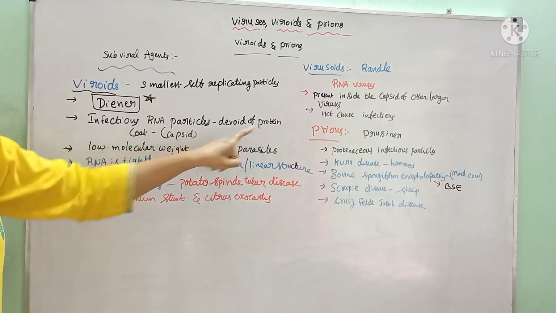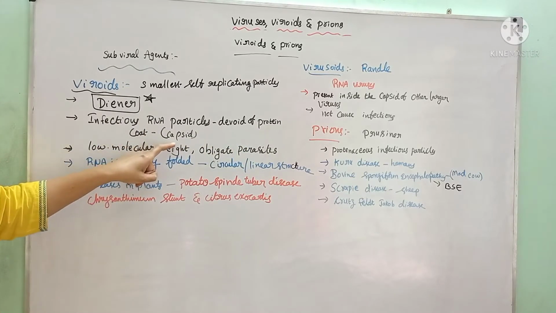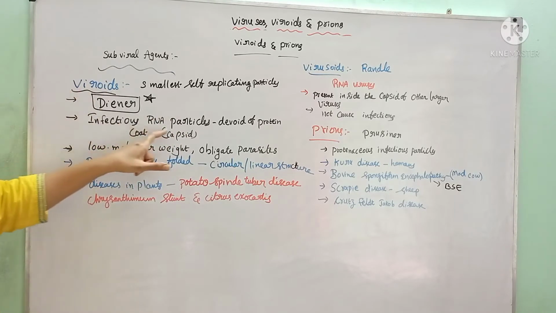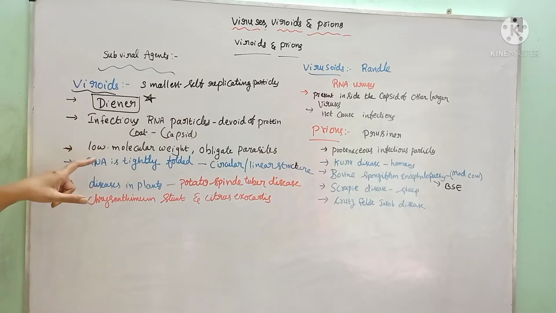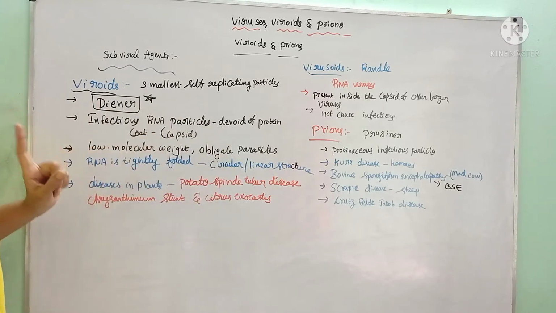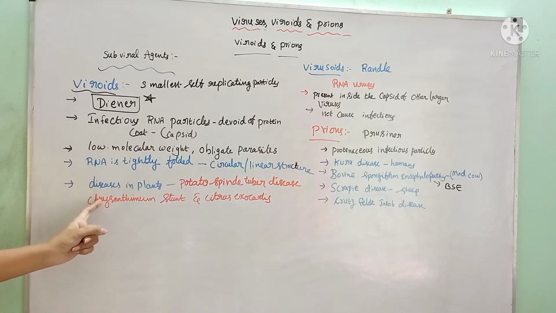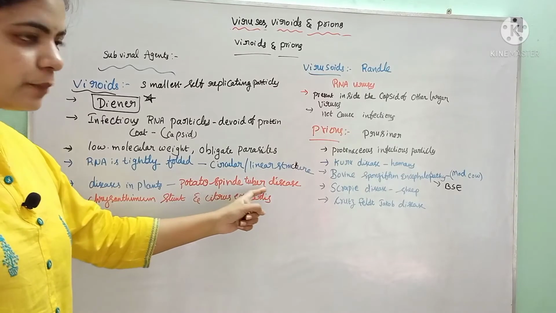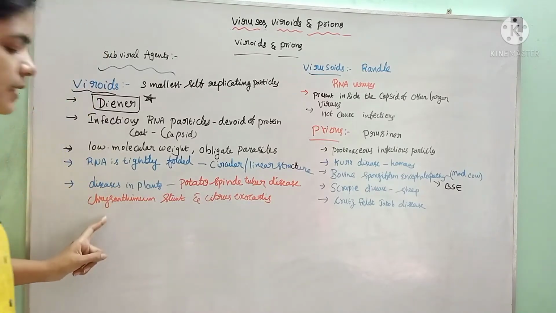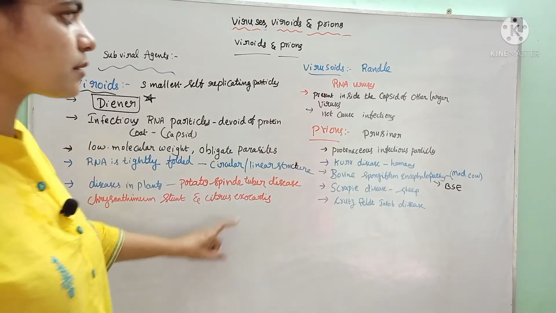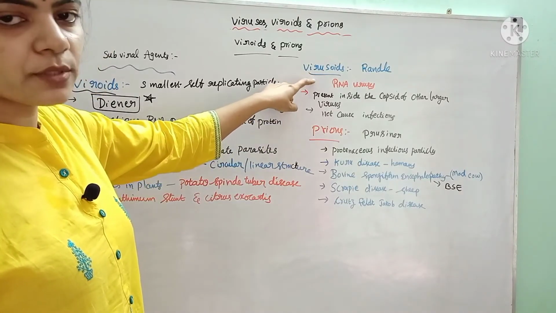They are devoid of the protein coat called the capsid. Actually the capsid is present around the genetic material, but here there is no capsid. Only RNA acts as the infectious agent. Their molecular weight is very low. They are obligate parasites. They infect mainly plants. They cause certain plant diseases like potato spindle tuber disease in potato, chrysanthemum stunt disease, and citrus exocortis disease in citrus plants.